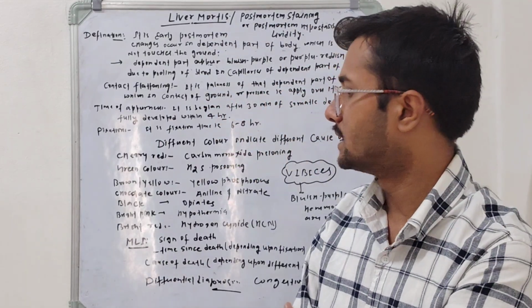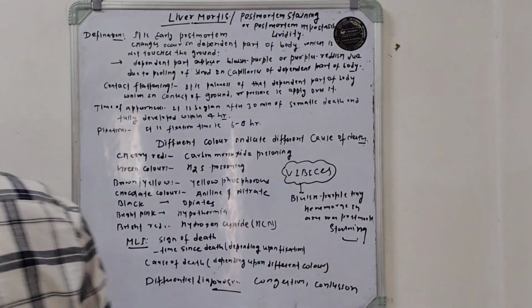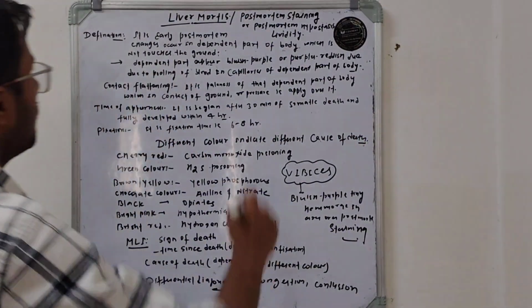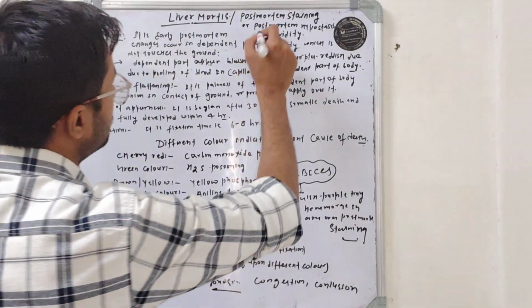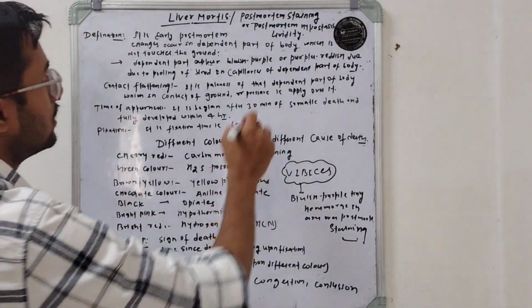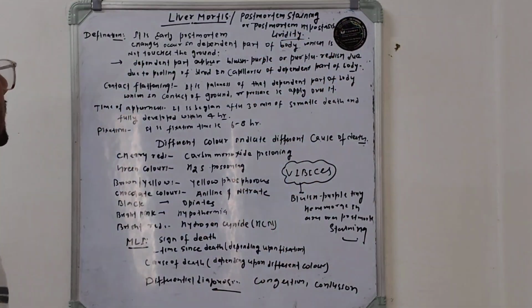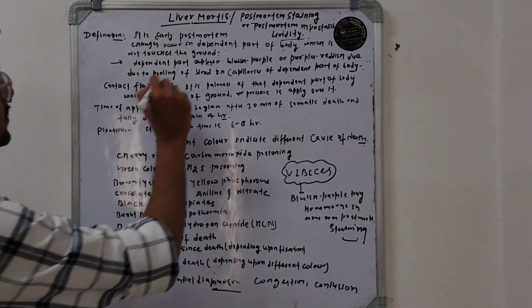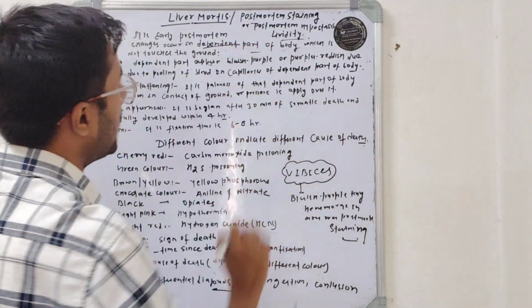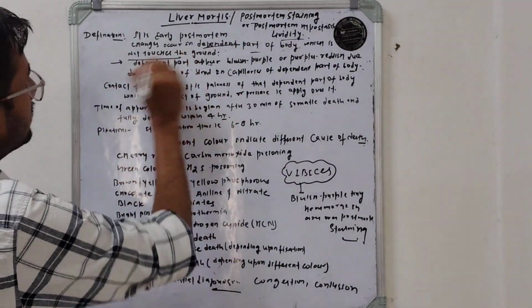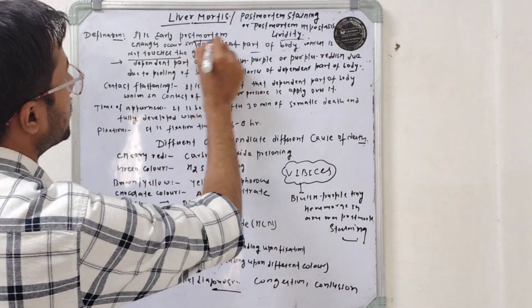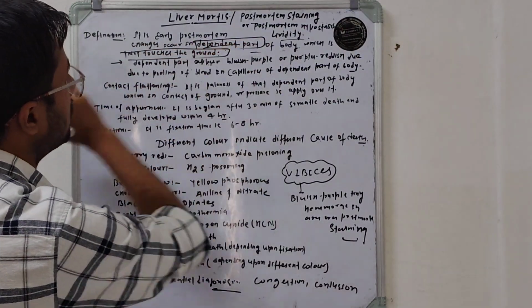Now we go to the reading section. We start with the definition of livor mortis. It is also known as post-mortem staining, post-mortem hypostasis, and lividity. Definition: it is an early post-mortem change occurring in the dependent part of the body which does not touch the ground. One important point: the dependent part of the body does not touch the ground.